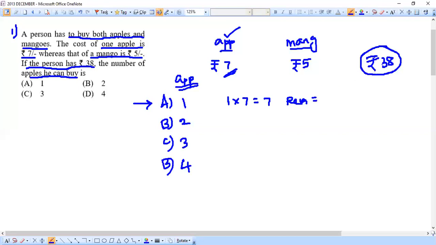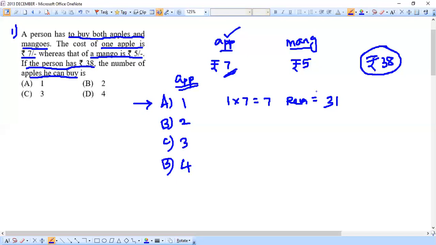He has a total of 38 rupees, of which he has spent 7 rupees for one apple. So 38 minus 7 will give us the remaining amount, which will be 31. Just think, one mango's cost is 5 rupees, but there's a remaining amount of 31 rupees.